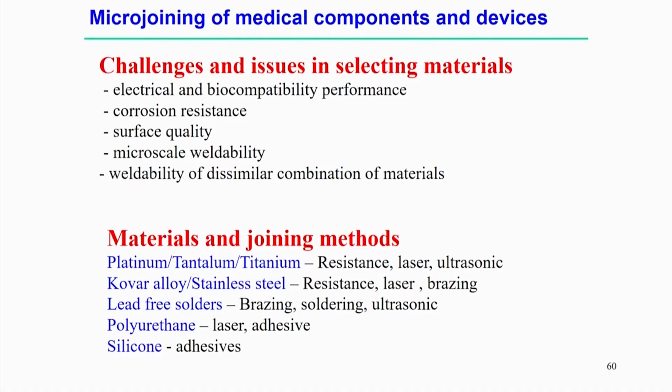In general, what are the typical challenges and issues in selecting materials for the microjoining of medical components and devices? First is biocompatibility performance, as well as electrical conductivity, which is sometimes required for the material. Then corrosion resistance, surface quality or surface finish that should be very high even after welding, and the micro-scale weldability of the materials.